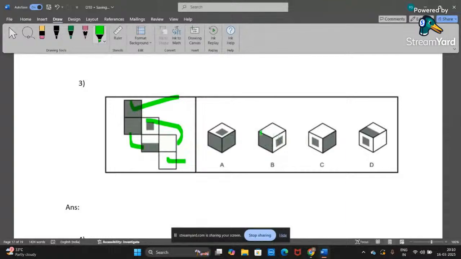When it is closed, we need to have this face, right? Think it out. We have to have this one.